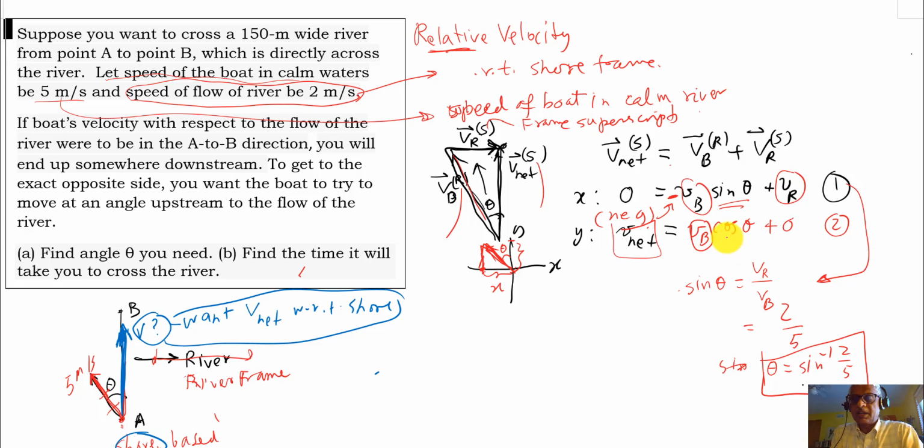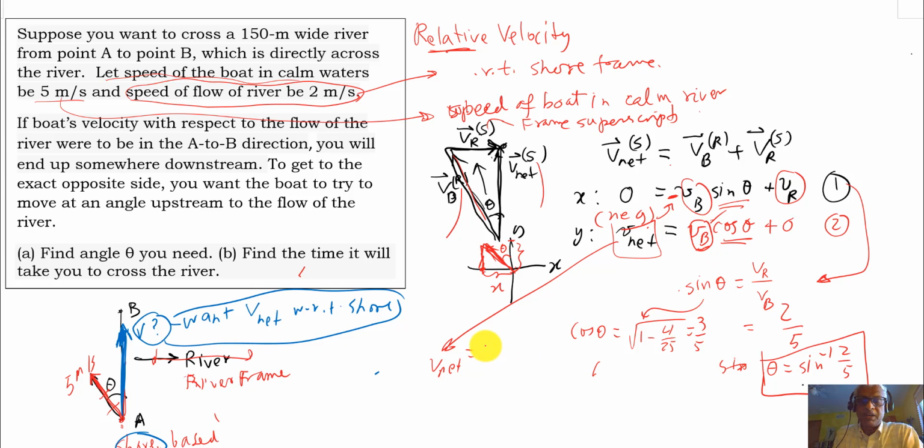From here I need cosine theta. Cosine theta is the square root of 1 minus 4 over 25, and that's 3 over 5. So V net will turn out to be V boat, 5, times 3 over 5, so this is 3 meters per second.